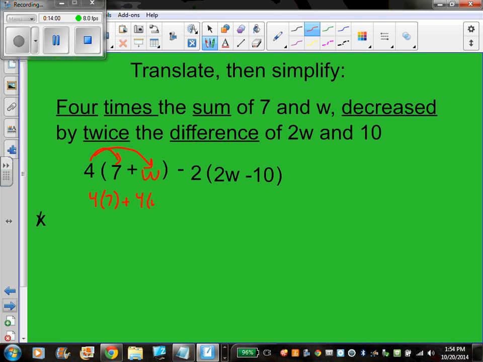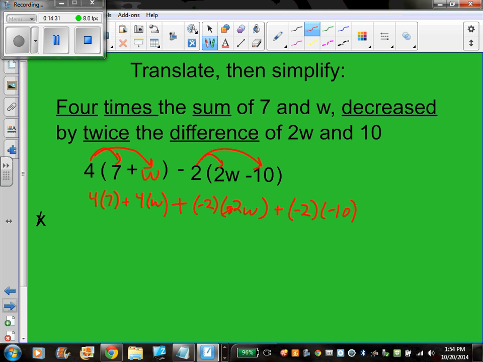Plus 4 times w. And then here we have minus, and then here we're doing distribution again. Minus. We're distributing the, or we'll just say plus negative 2 times, or sorry, it's positive, 2w plus negative 2 times negative 10.